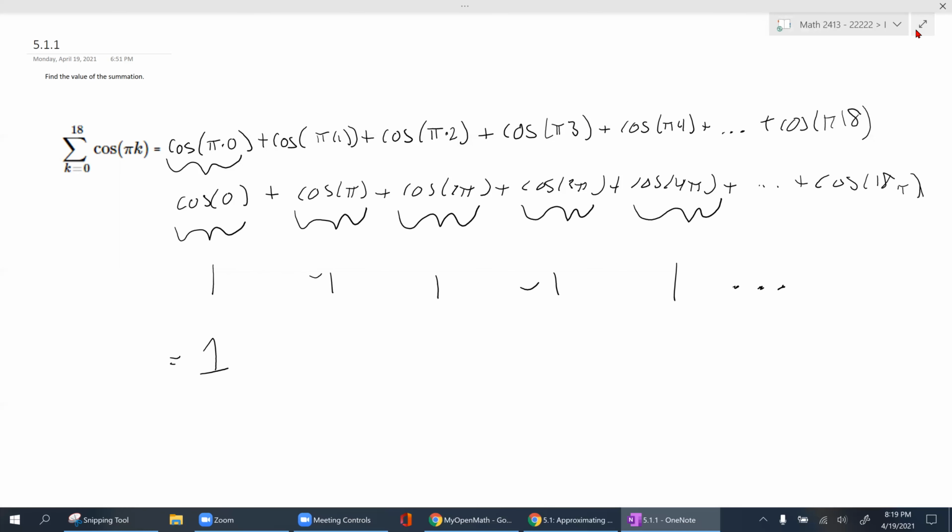So that's pretty much all we're doing: adding all those values. You find that between 0 and 1, that cancels out. Between 1 and 2 cancels out, 2 and 3, and so on, through 17.